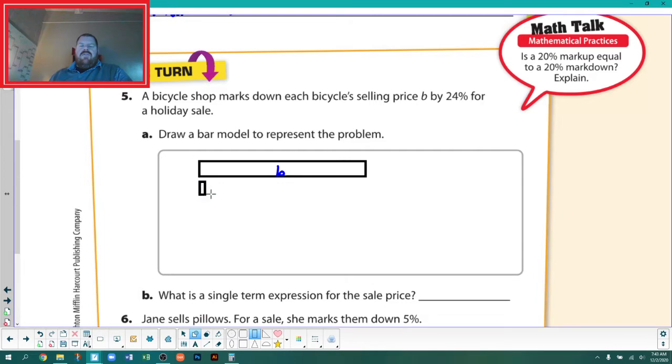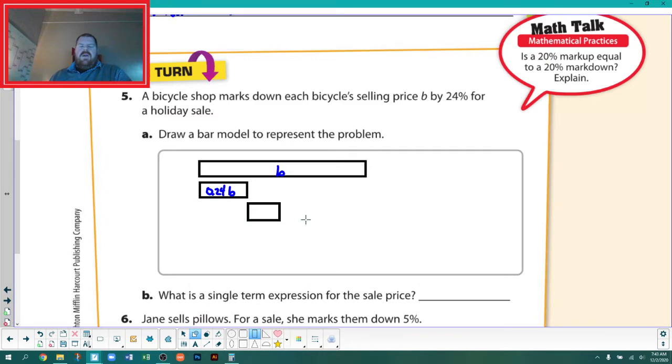So 24 is about a quarter. Let's say that that's maybe right there. So this is 0.24 or 24% of B. And so the amount that's left over, I'm actually going to draw another bar right down here.